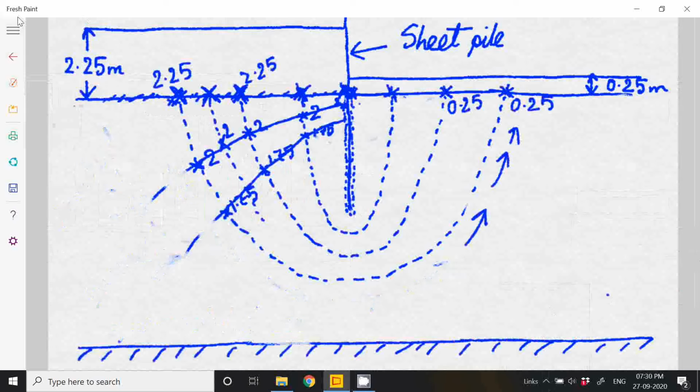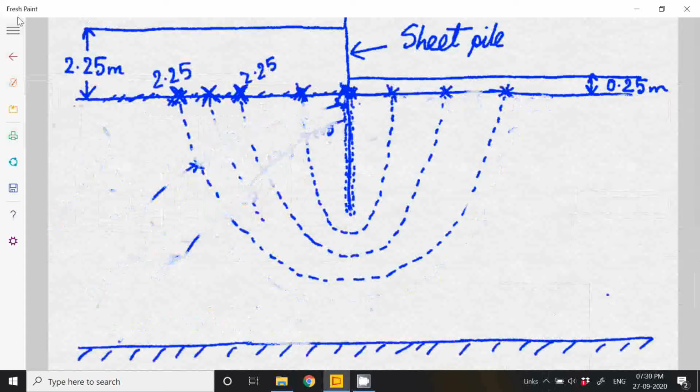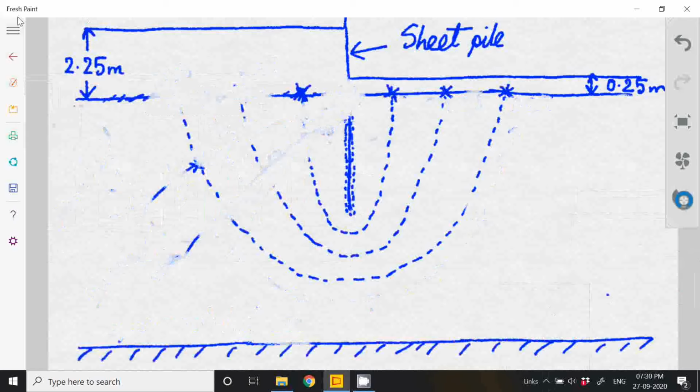Just wait till I complete erasing these. Just bear with me.